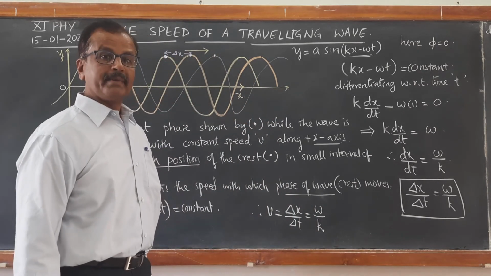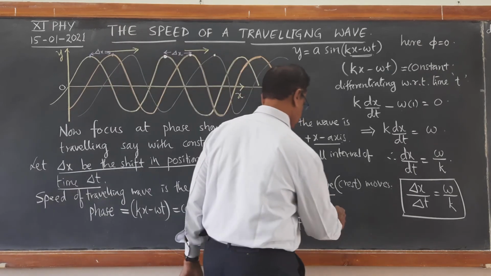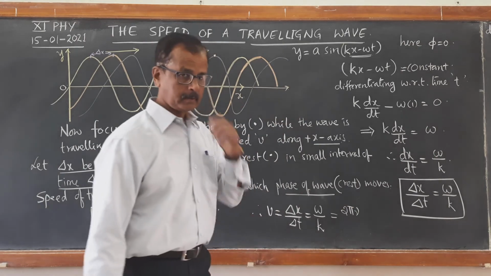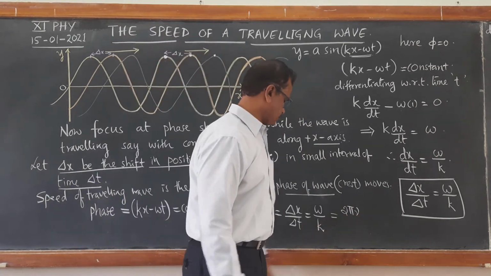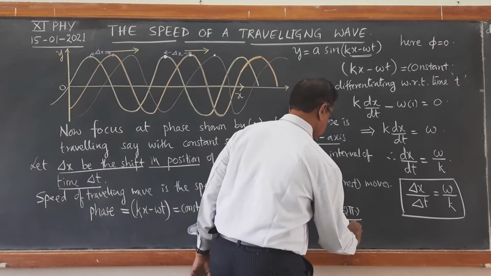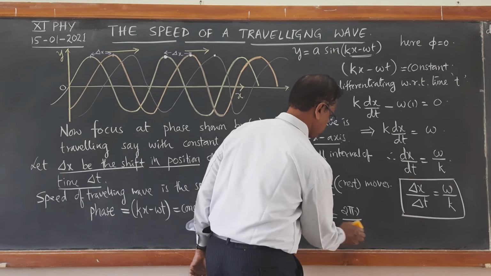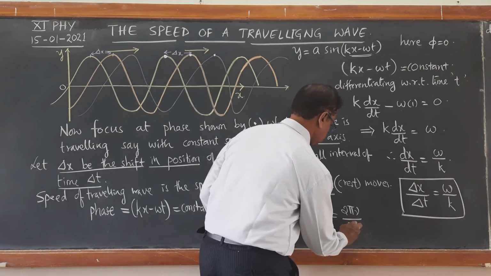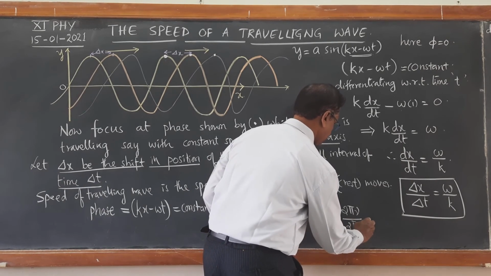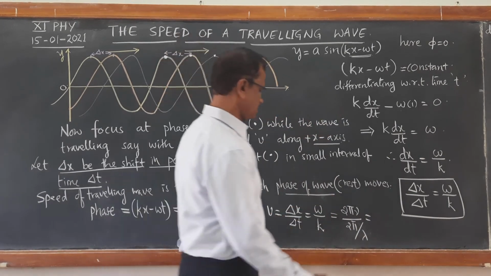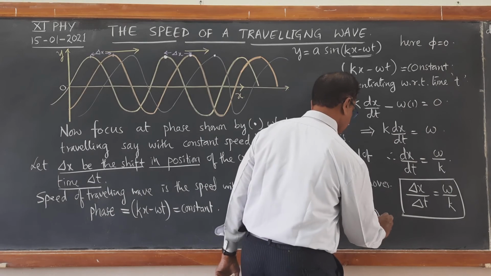Now we know what omega is. Omega is 2 pi nu, the angular frequency. And what is k? k is 2 pi by lambda. So 2 pi cancels, lambda comes to the numerator, lambda into nu.